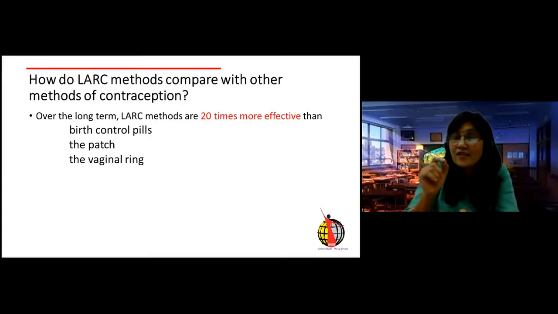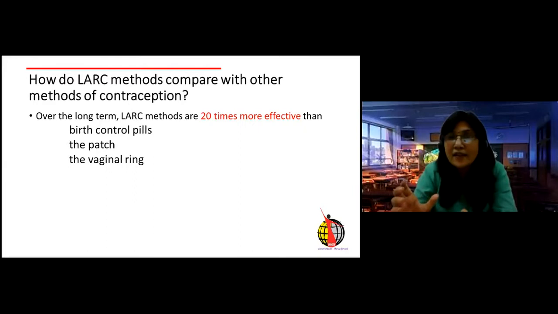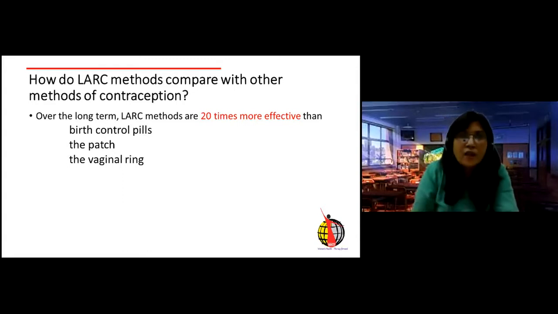See, you should understand that sterilization is a permanent method. It has a very good efficacy, but it is a permanent method. So if you consider a reversible method with a good efficacy, that is where we talk about LARC.